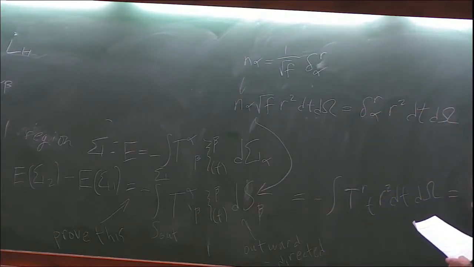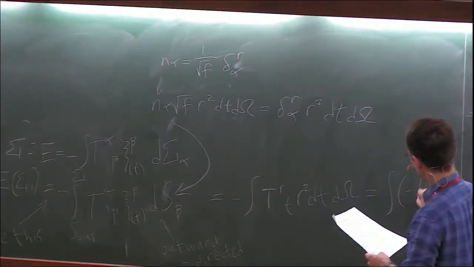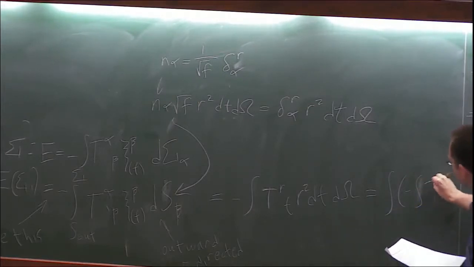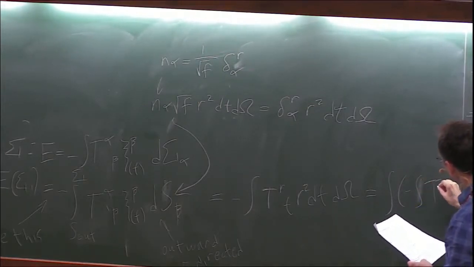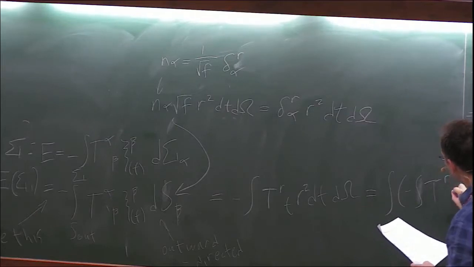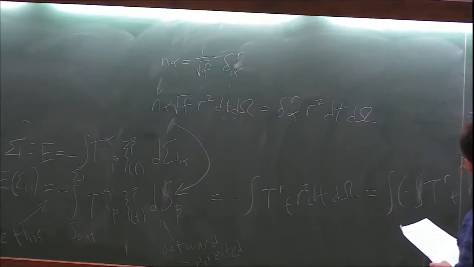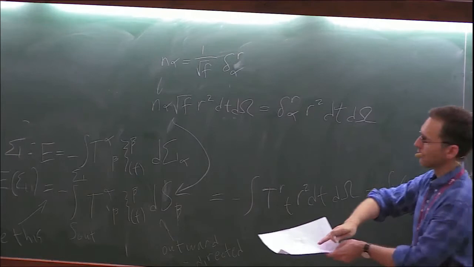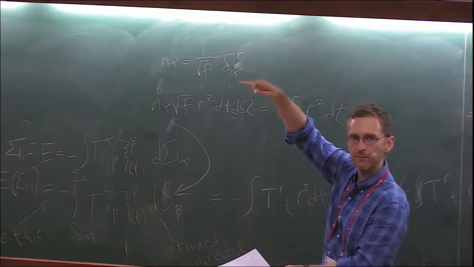And that is the integral of minus the integral over just a sphere, t r squared d omega, then the integral over t. So this is the change in energy over a finite amount of time.